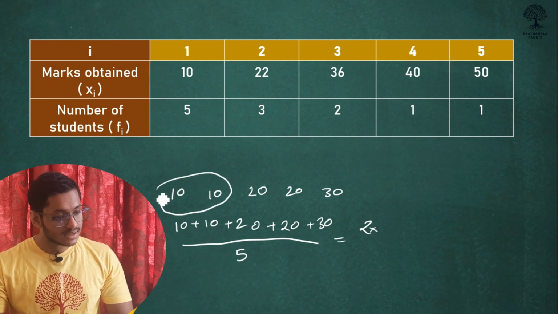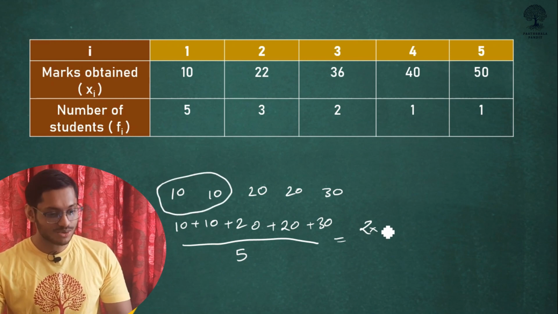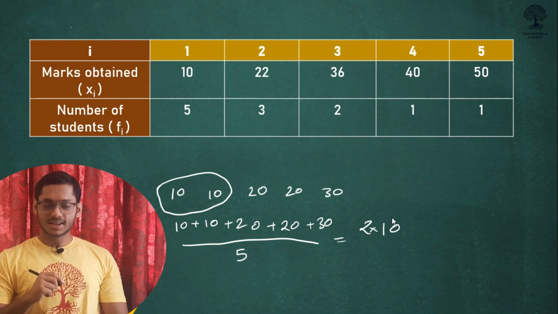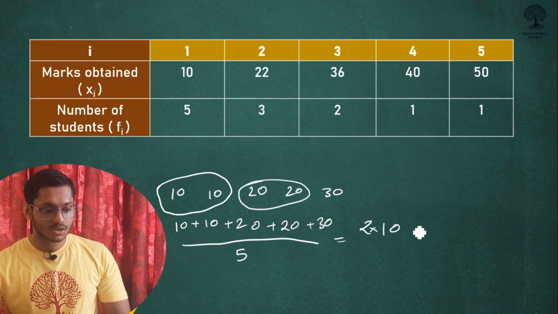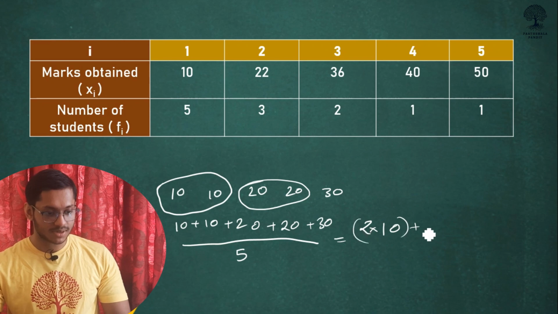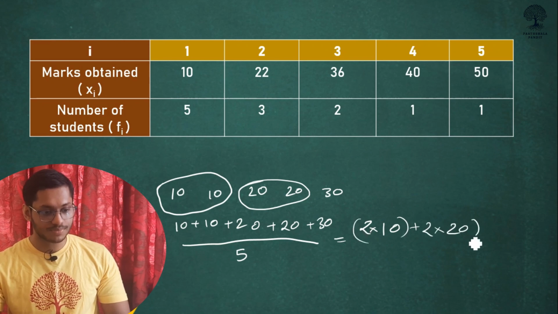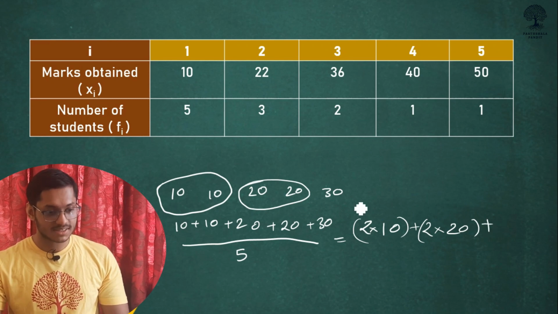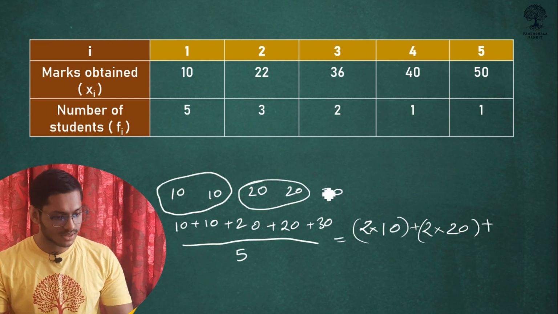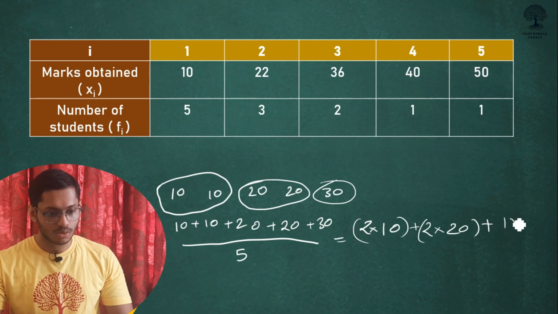I can see 20 two times, so plus 2 into 20. And 30 is seen only one time, so plus 1 into 30.